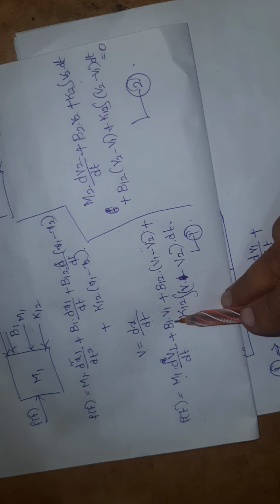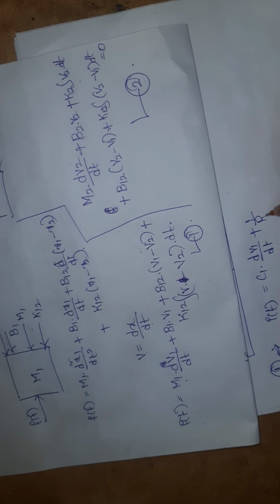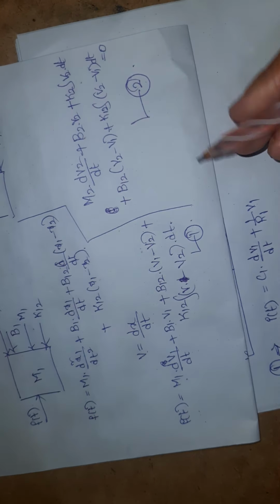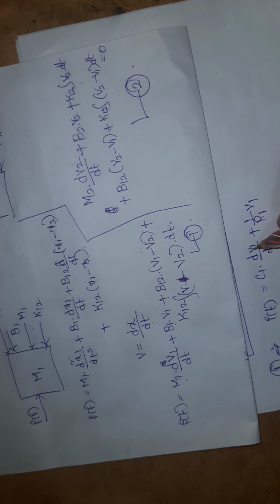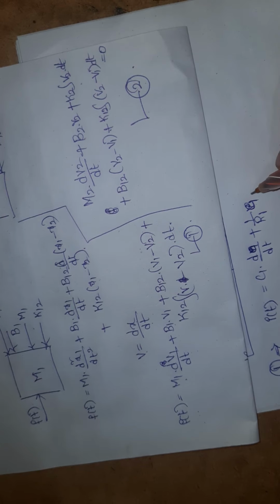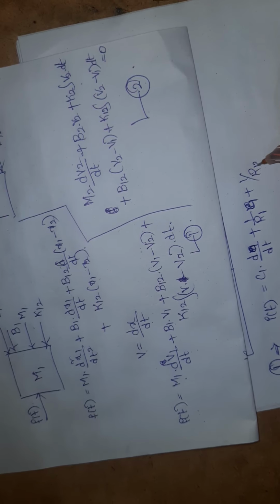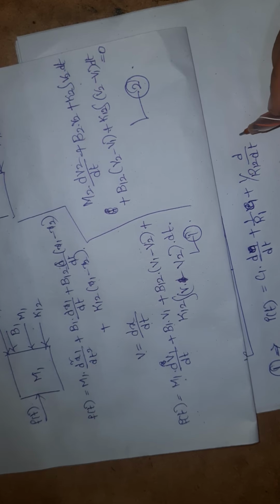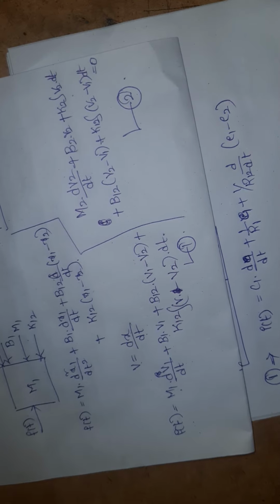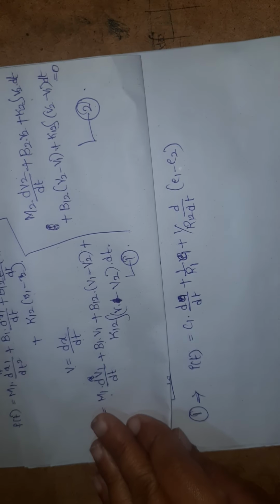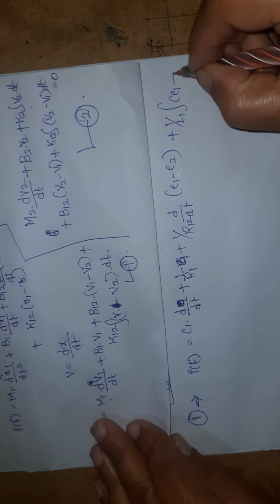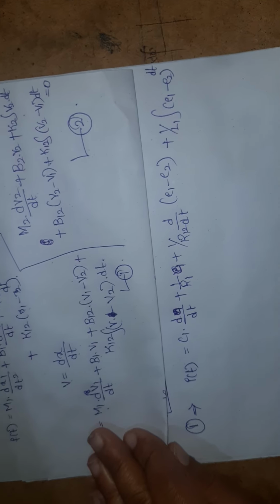B is nothing but 1 by resistance R1, 1 by R1, and instead of velocity V, you have to write the voltage. Voltage we have considered E1. So just write down E1: 1 by R1 E1 plus 1 by R12 d by dt of E1 minus E2, plus 1 by L1 integration of E1 minus E2 into dt.